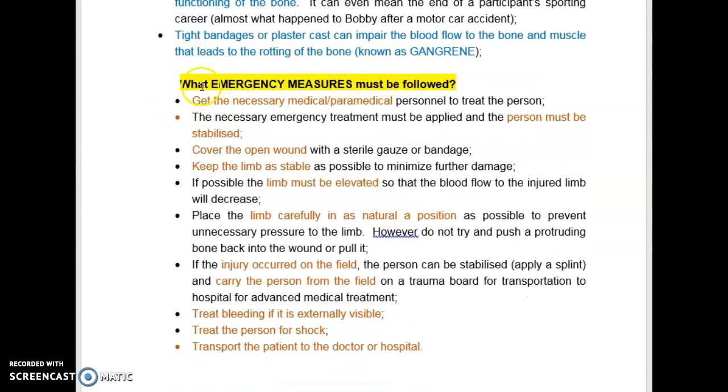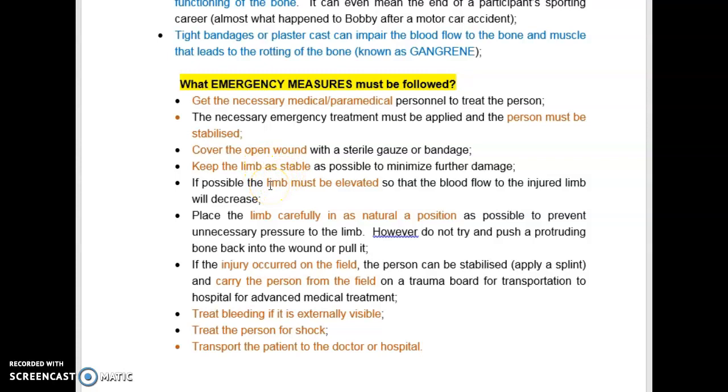Another important question: what emergency measures must be followed? Now remember, we said somebody is hurt on a field. What happens here? You get the necessary medical and paramedic personnel. You stabilize the person that is on the field. If there is an open wound, you cover that with some gauze or a bandage. You keep that limb stable. Do not move it.